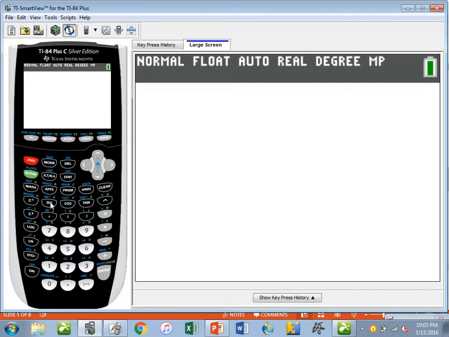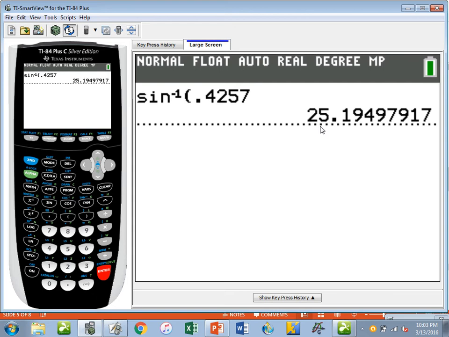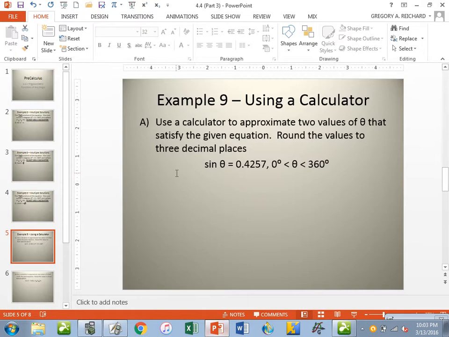So I got second sine of 0.4257. When I do that, okay, I got 25.195. So that's the one solution to this problem here, that's in quadrant 1. The other solution to this is in quadrant 2.